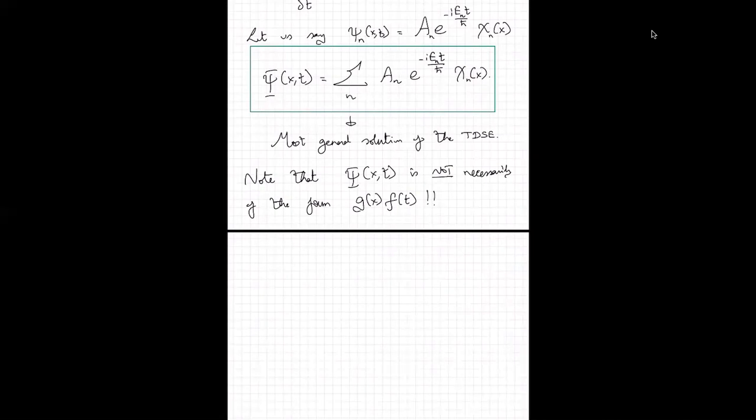Which means the general linear combination of all these separable solutions contains within itself all possible solutions of the time-dependent Schrodinger equation. That is why we are justified in starting with the separable solution ansatz, simply because of the linearity of the differential equation, the differential operator that we are investigating.